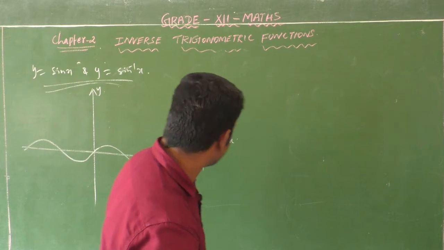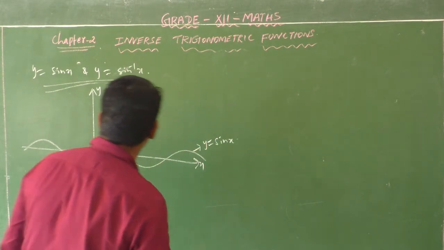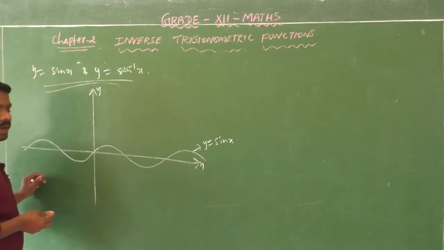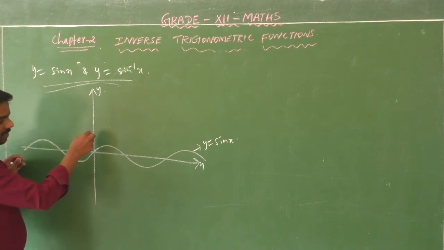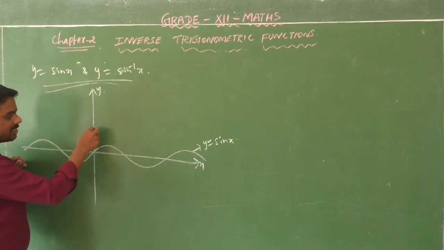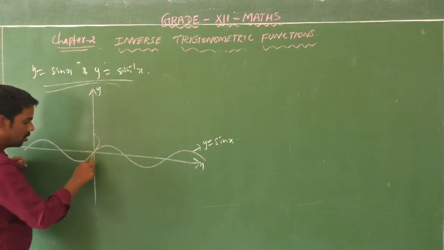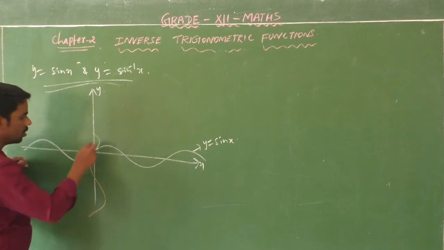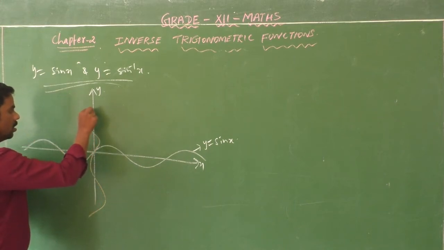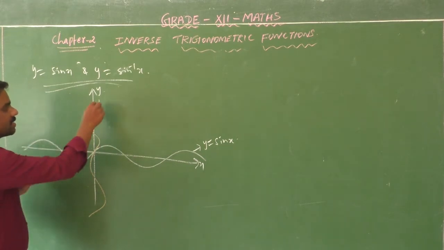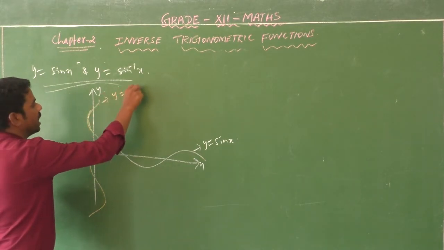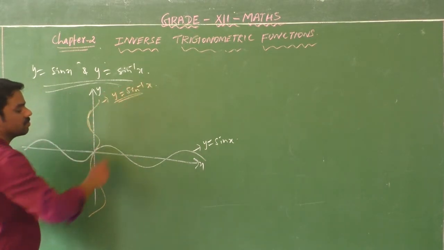Right, listen. The curve y equal to sin inverse x also passes through 0 comma 0. This is the y equal to sin inverse x curve.